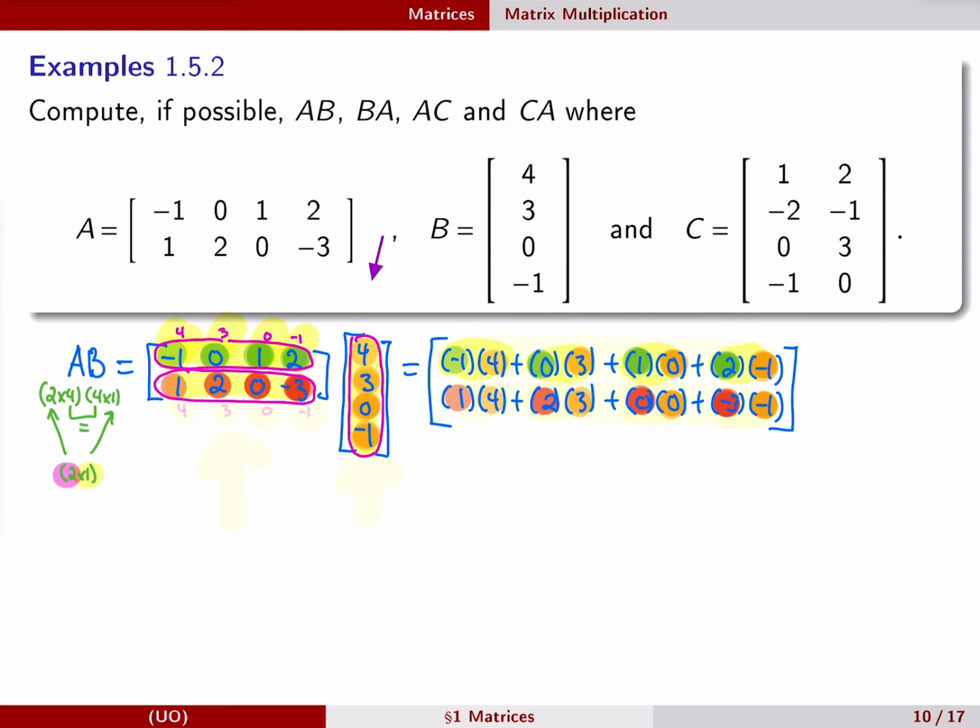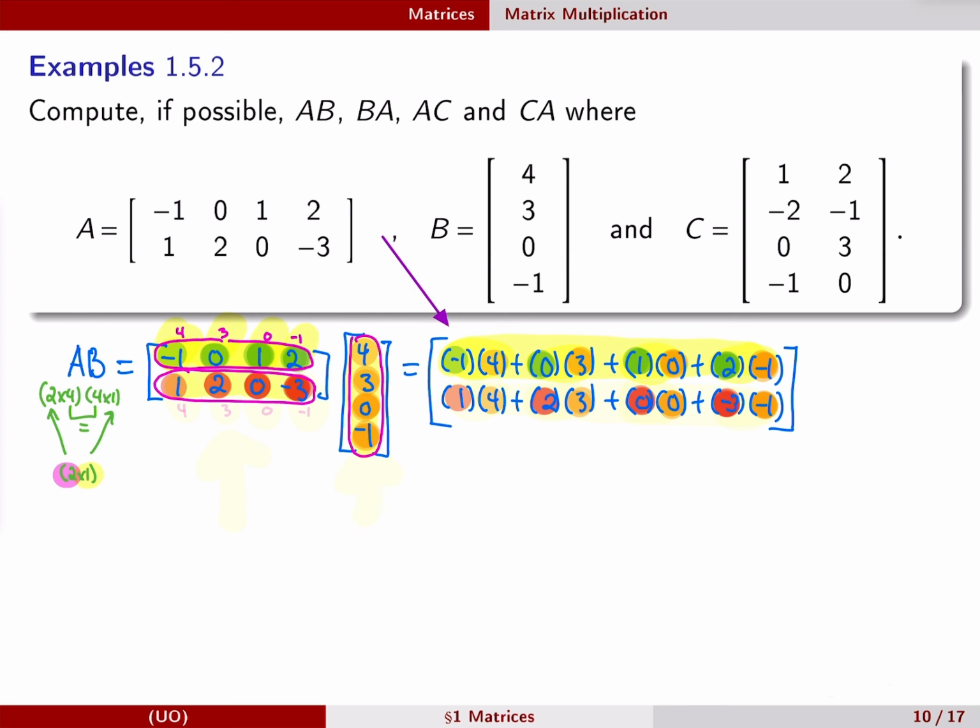So when I say the dot product between row 1 and column 1, this is what I mean. I'm thinking about the vector minus 1, 0, 1, 2, and the other vector 4, 3, 0, minus 1. I do the dot product and I get this big computation for the first entry, first row, first column.